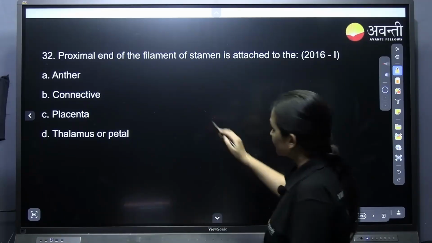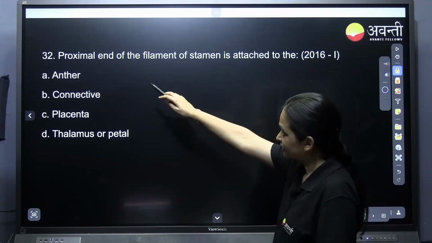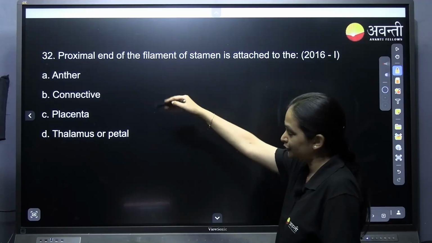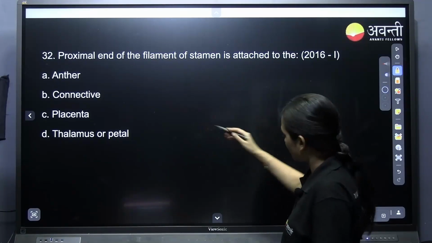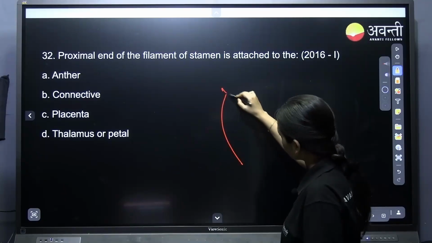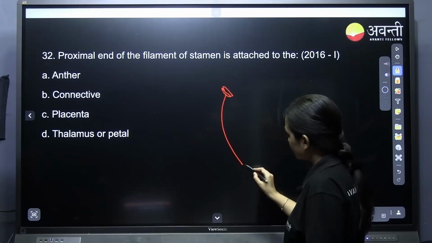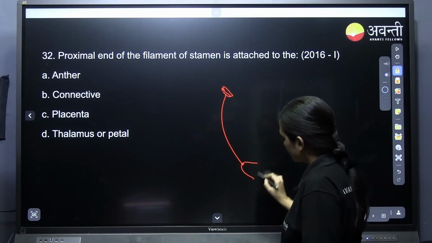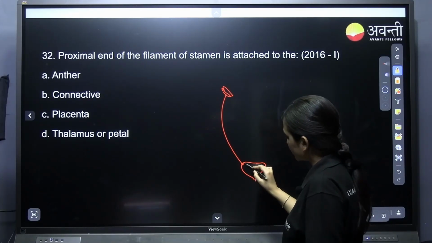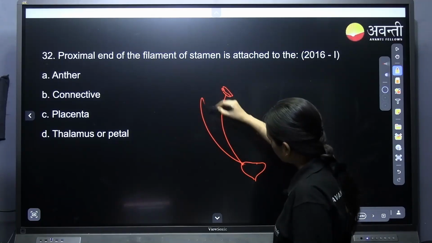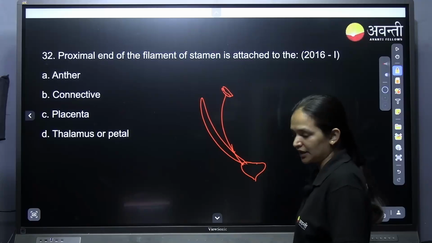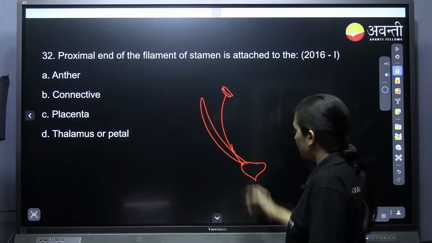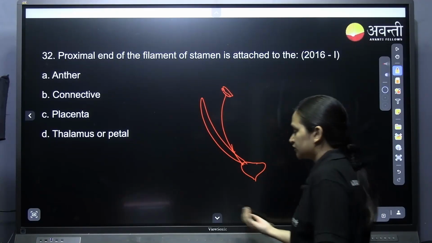So proximal is the near end, distal end is the far end. So if this is an anther, the proximal end is either on the thalamus or on the petal, which gives epipetalous condition, or directly on the thalamus. True.